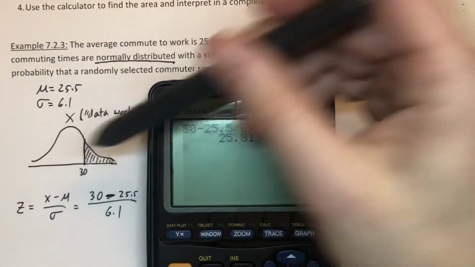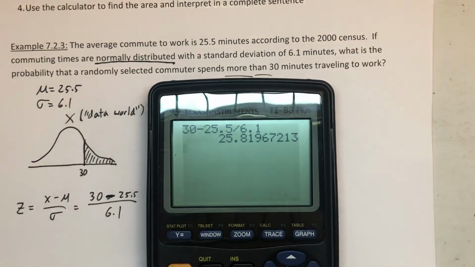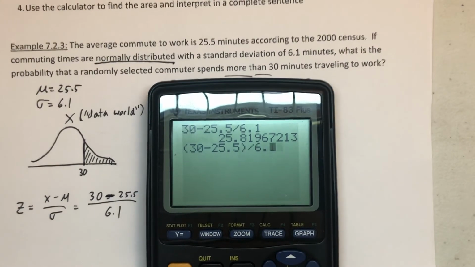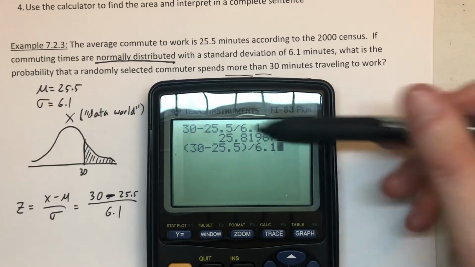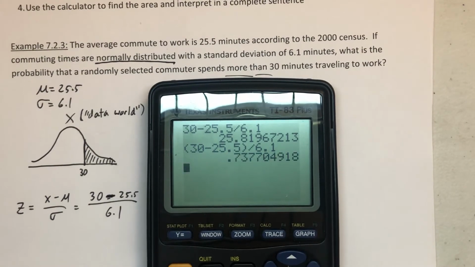We could understand that just by looking at the picture. So what's wrong here? Your calculator needs to do that entire numerator first, and then divide by 6.1. So if you're doing it in one step, that would need to be the way you enter it to get that value.